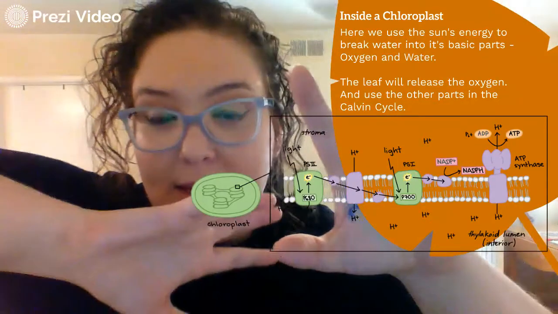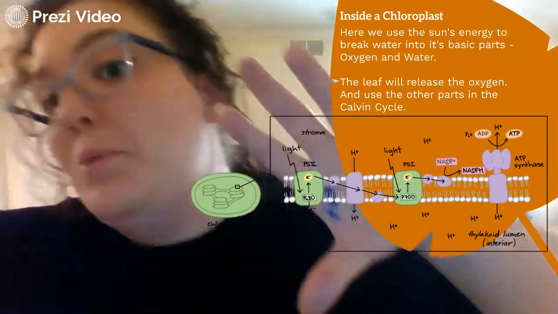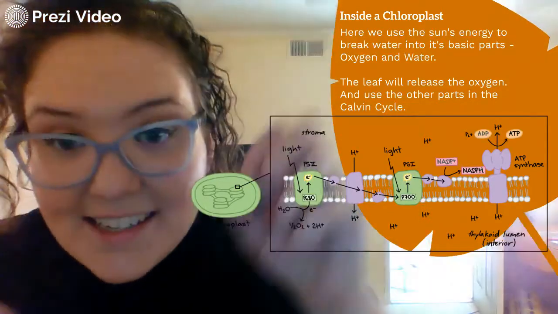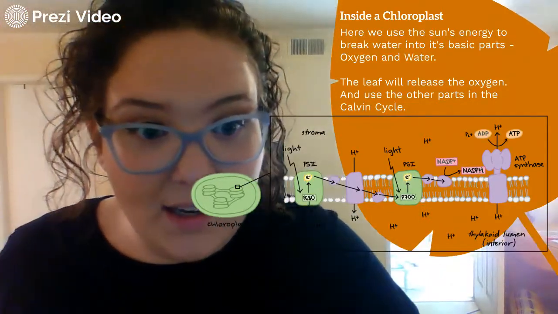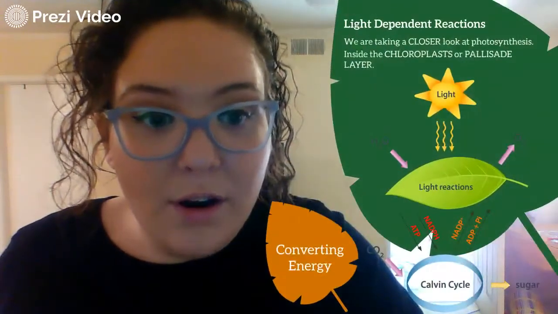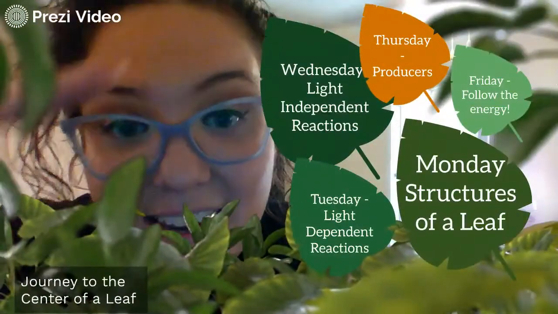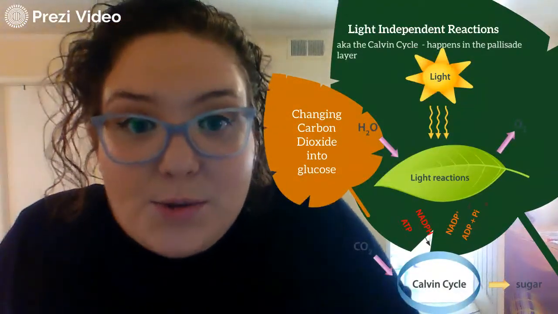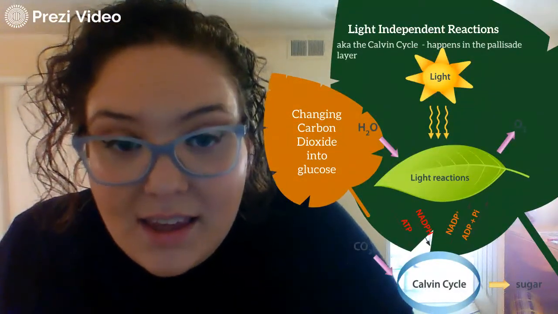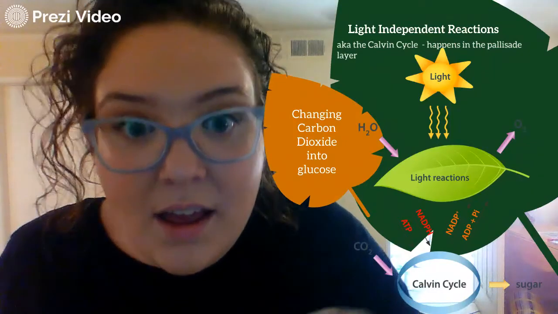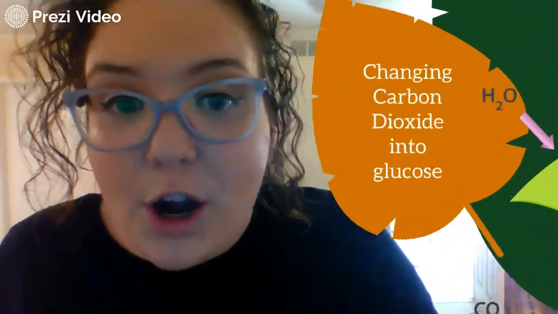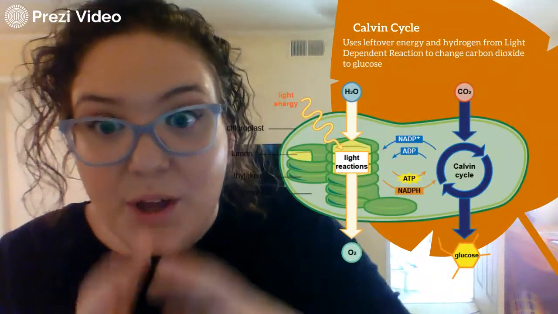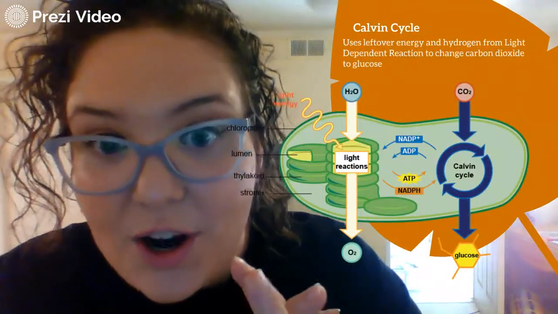At this point, the plant excretes the oxygen, and it takes that hydrogen in for the light independent reactions right up here. So we use the hydrogen in that reaction to convert carbon dioxide into glucose, which is sugar.